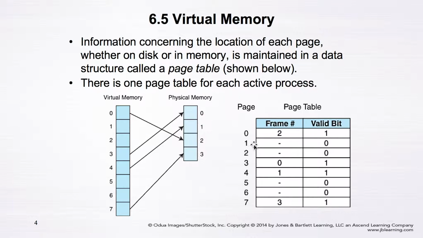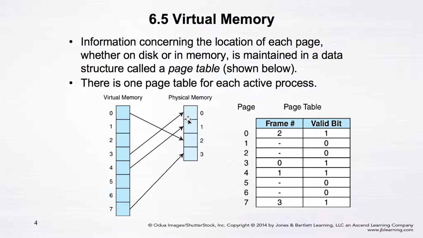On the other hand, page number 1 doesn't map to any of the physical memory. That's going to be empty, and the valid bit equals 0. The same for page number 2. It has no information corresponding to the main memory, so the valid bit equals 0. On the other hand, page number 3 corresponds to frame 0 of the physical memory.